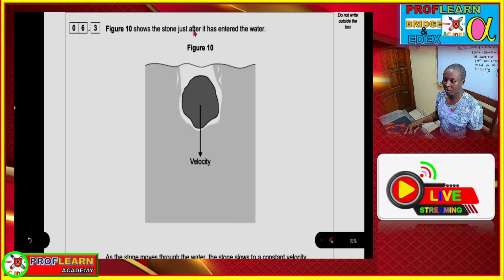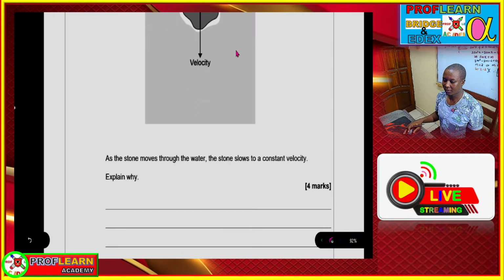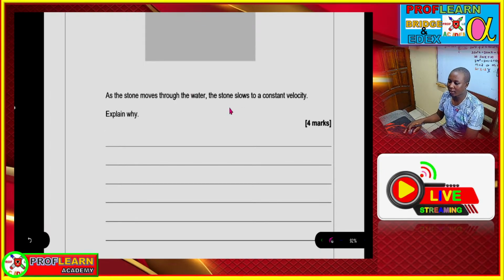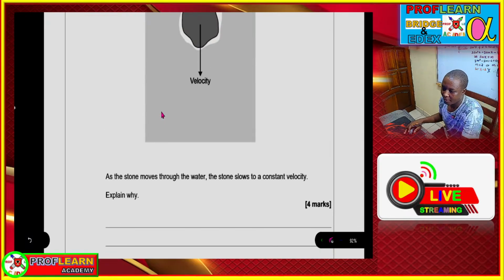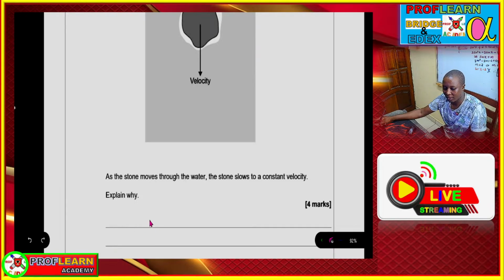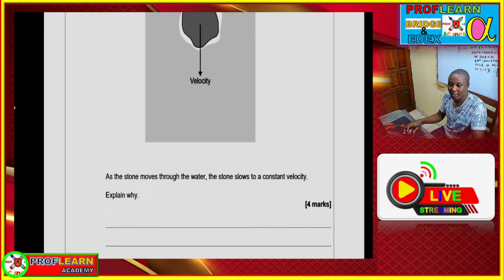The figure shows the stone just after it enters the water. The velocity is acting in that direction. As the stone moves through the water, the stone slows constantly. Explain why. Because there is a resultant upward force acting on this particular stone.